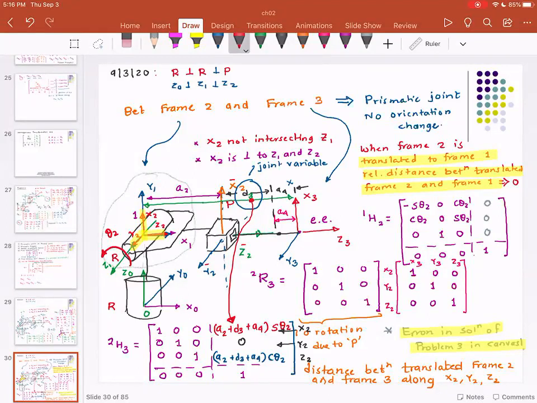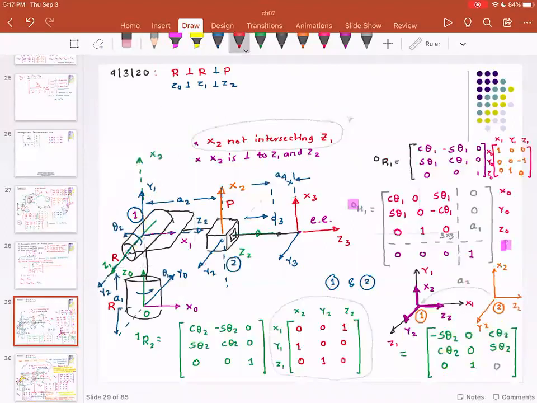All right. I know this problem is a little confusing. So what I'm going to do is I will try to explain this problem again, because believe you me, you will have the same issue with the homework problem. In this particular problem, we have a revolute joint perpendicular to another revolute joint, perpendicular to a prismatic joint.